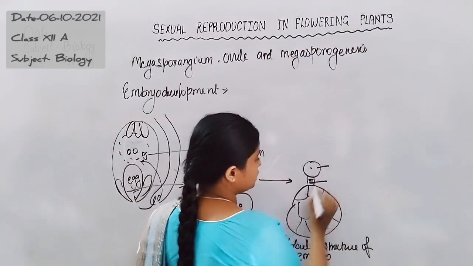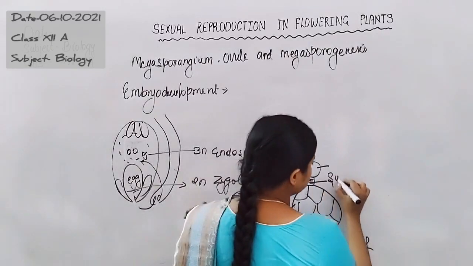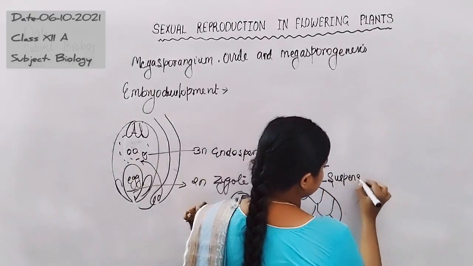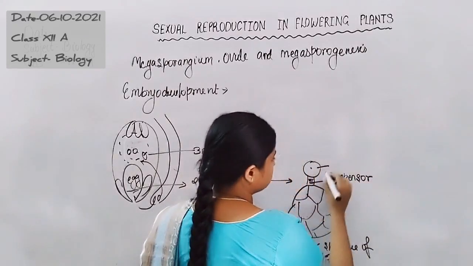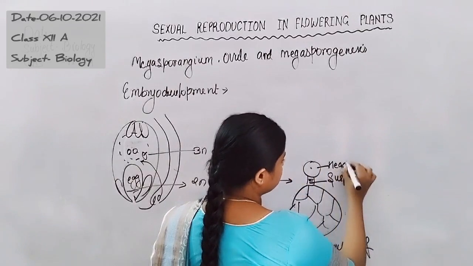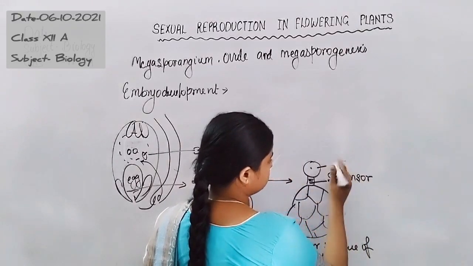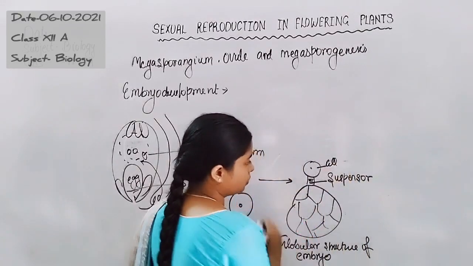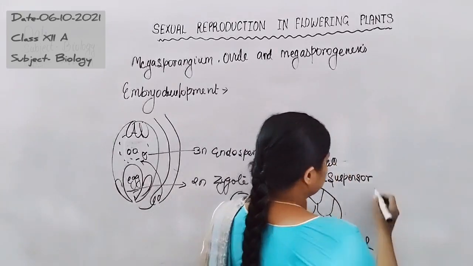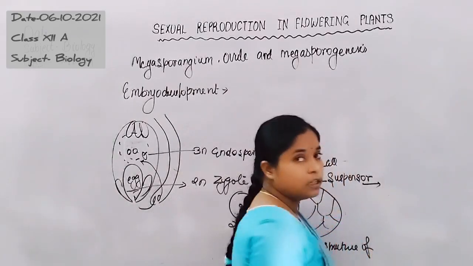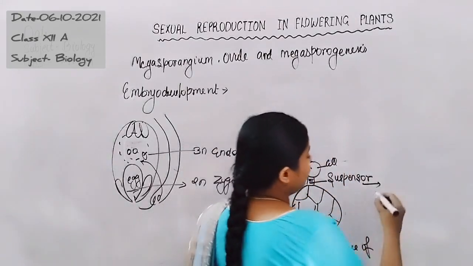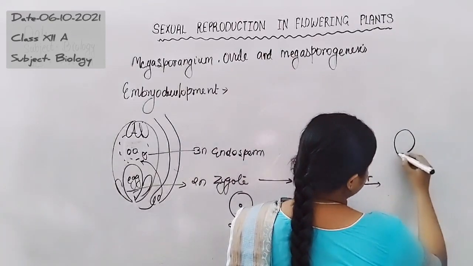Here is the suspensor. Now the globular structure is converted into the heart-shaped structure.